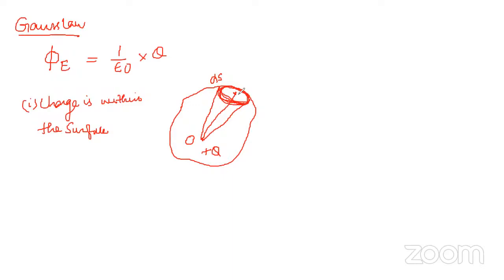Now the normal to the smaller surface dS is represented by a vector dS.